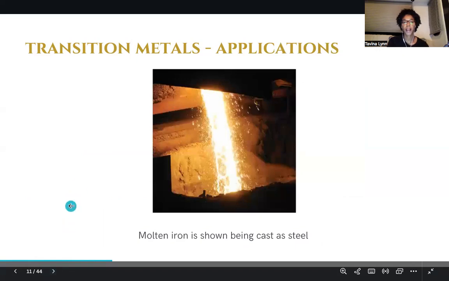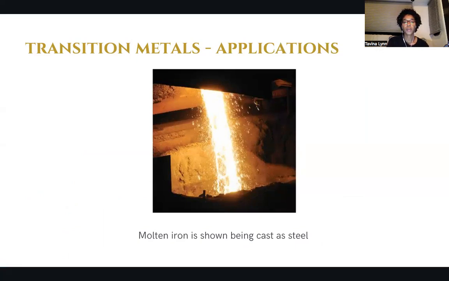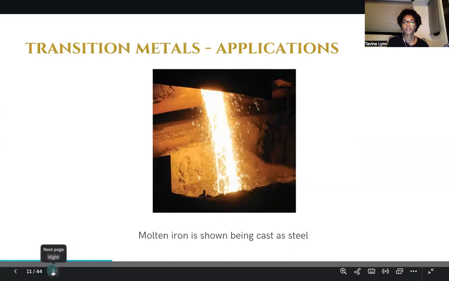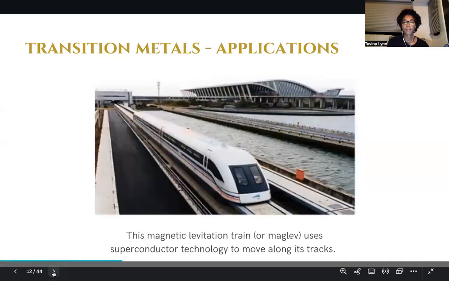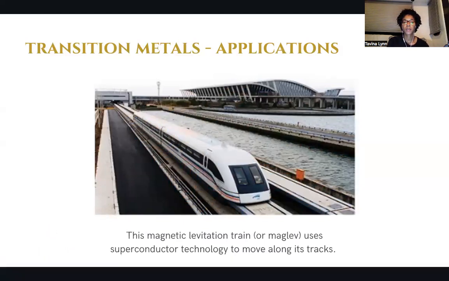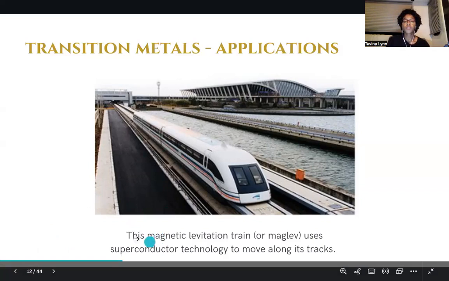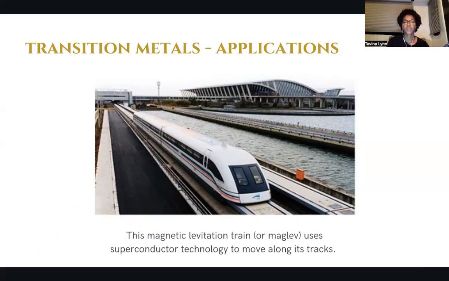Another example is iron. Molten iron is used to cast or make steel. And another example is superconductor technology used for a magnetic levitation train, which is really, really cool.